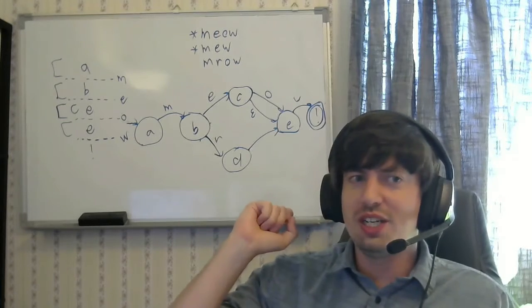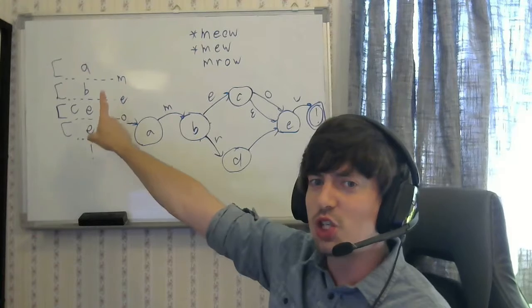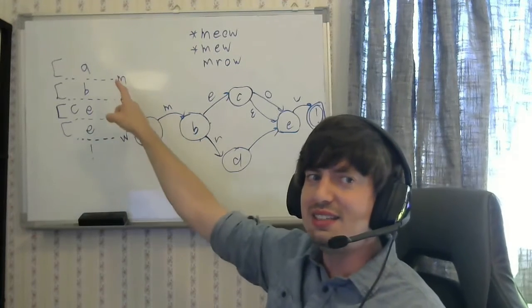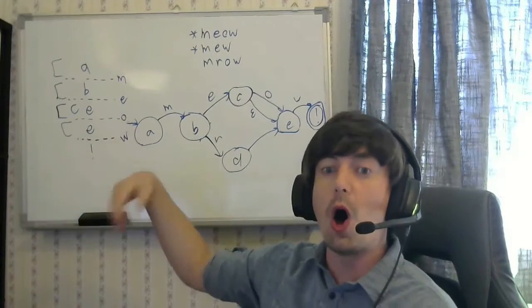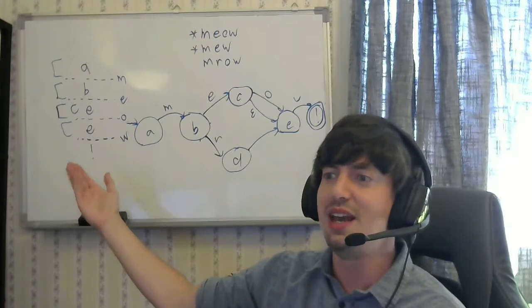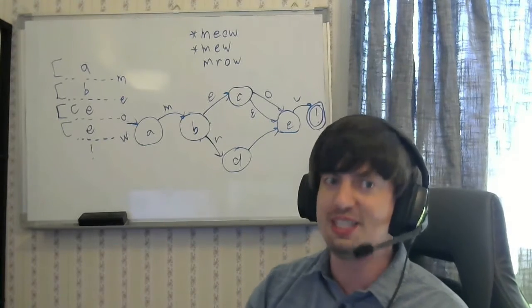So then the question is, well, can we simply translate these sequences of states representing all of the states that we're possibly in into real states for a deterministic finite automaton.